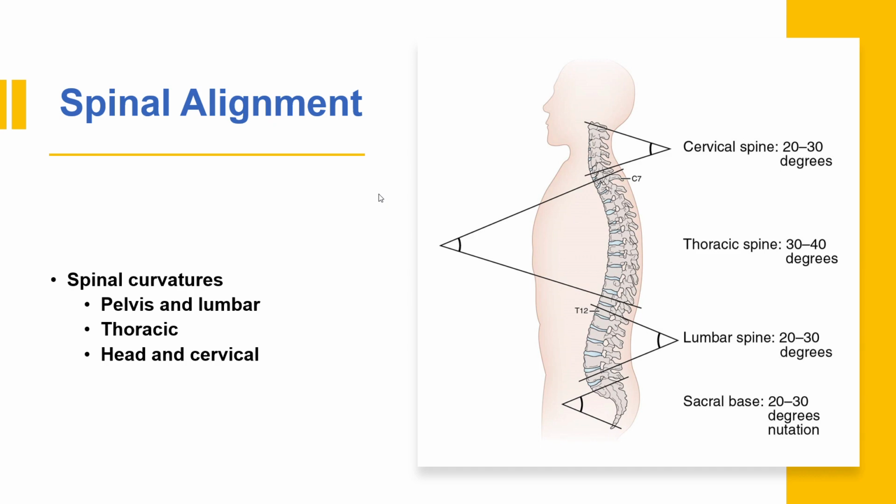And so these various curvatures, which are measured in degrees, are important as they minimize stress on any one segment. And so this, in fact, is considered a neutral spine position. Good posture such as demonstrated here will allow our bodies to be very efficient and effective.